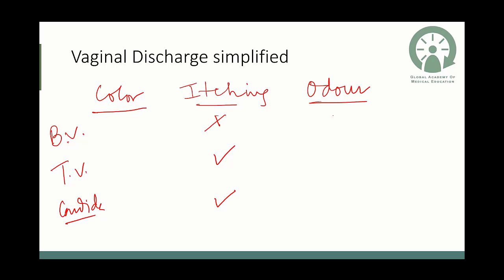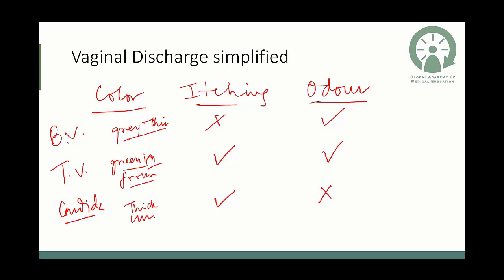Bacterial vaginosis causes fishy odor. Trichomonas vaginalis causes fishy odor. Candida doesn't cause any odor. Bacterial vaginosis discharge is grey and thin. Trichomonas vaginalis is greenish, very pale green actually, greenish and frothy, and Candida is thick, curdy white.